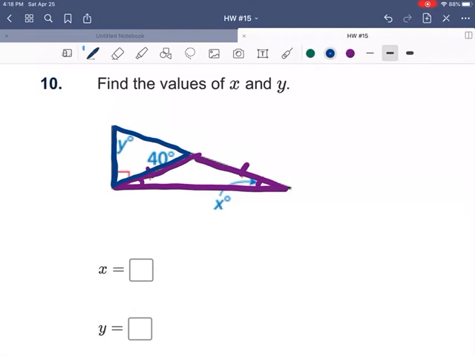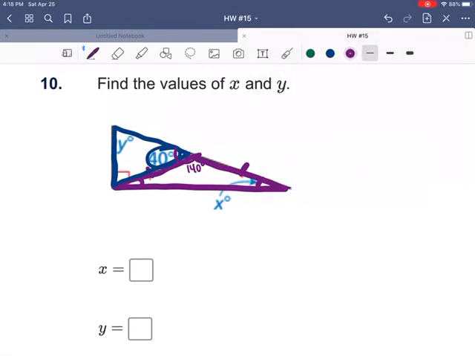This one, it doesn't tell us isosceles or equilateral or anything like that. But what it does tell us is this angle right here is 40 degrees. So this top purple angle called the vertex angle is 140 degrees because this is a full line. So that top angle is 140 degrees.